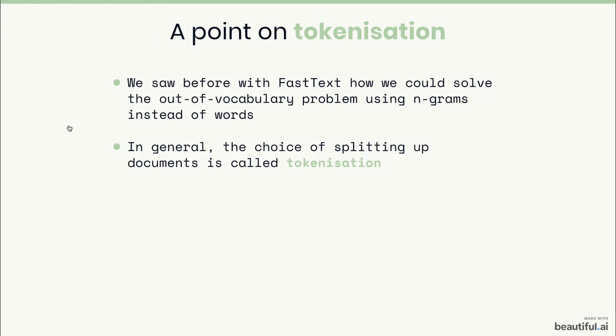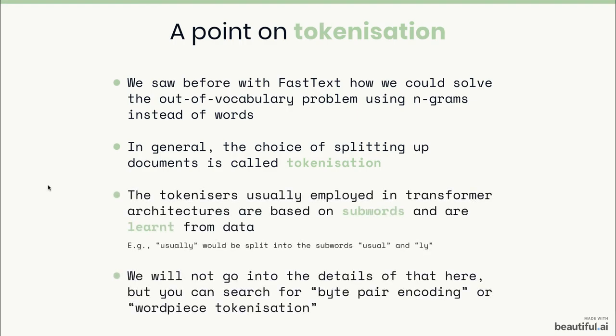So it's a whole field as well to come up with efficient and good tokenization. This process, the splitting up of words or of documents in general, is called tokenization. The tokenizers which are employed in modern transformer models are learned on data, and they are based on subwords.